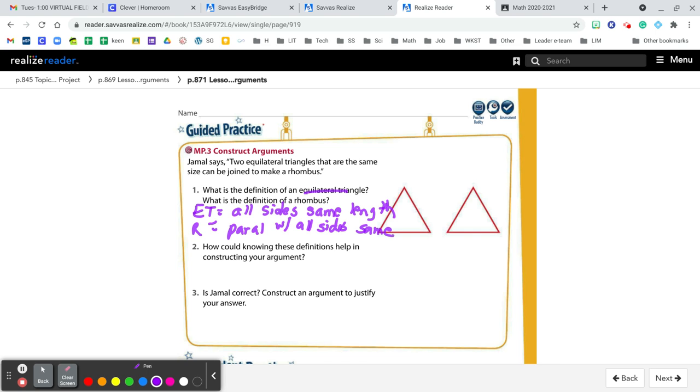So knowing the definitions is going to help you support your argument. So now when we go down, is Jamal correct? We can say yes. All sides of an equilateral triangle are the same length.